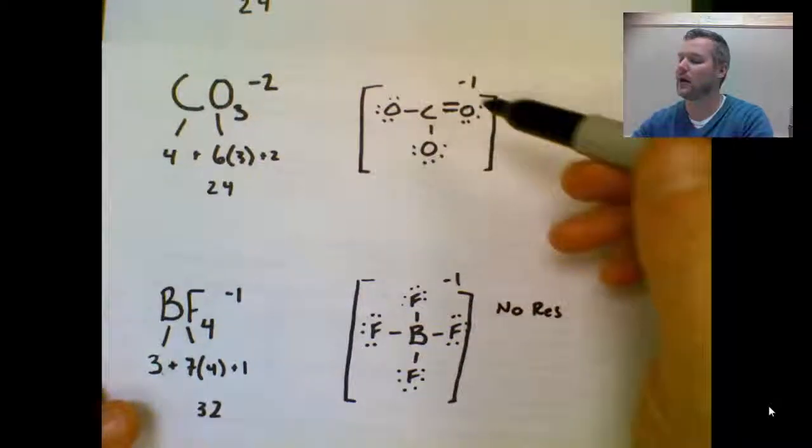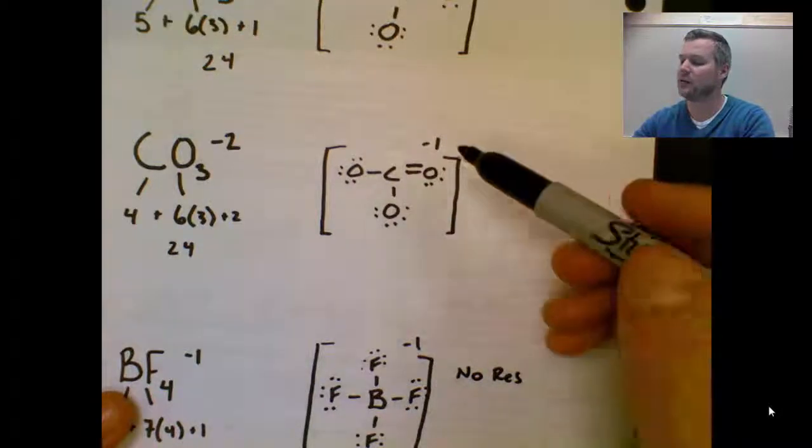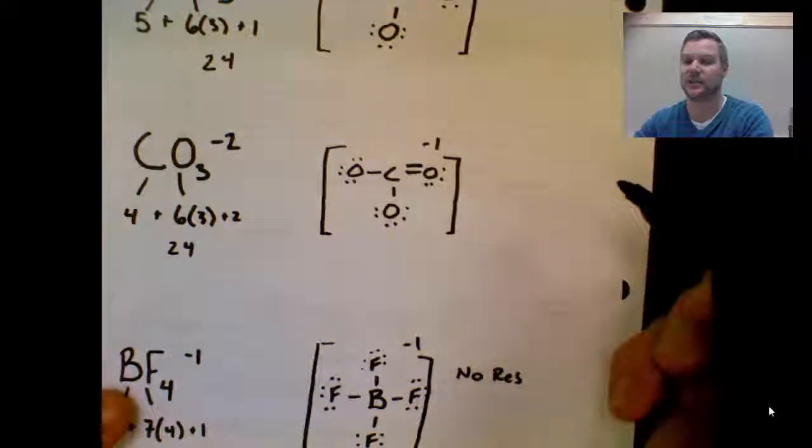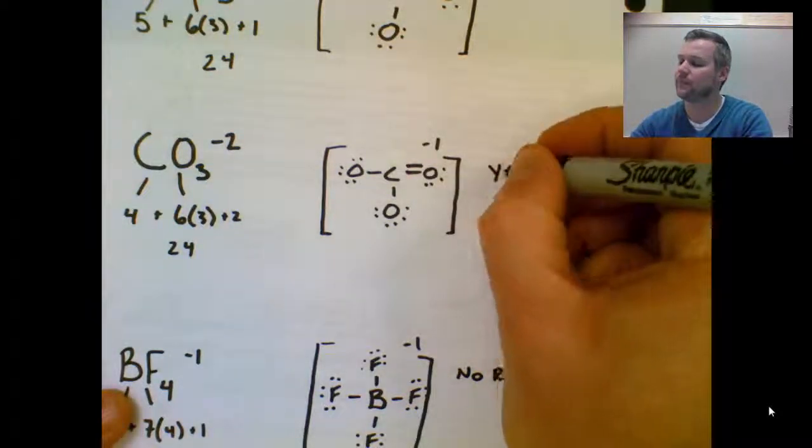This one has a double bond, so we might have resonance. Could I have also drawn this double bond on the bottom or on the left instead of on the right? And the answer to that is yes. So this is resonance.